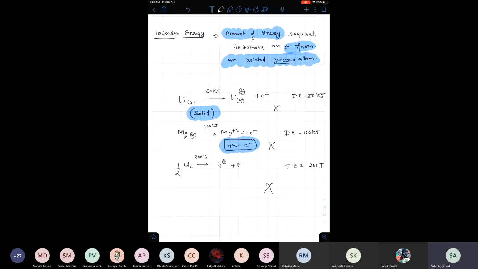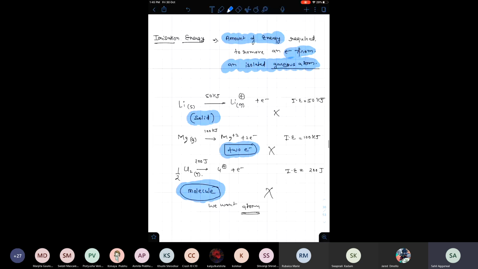We have to remove an electron from a gaseous atom. एटम से निकालना है, मॉलिक्यूल से नहीं निकालना है. We want atom. ठीक है, मतलब ये भी गलत हो गया. अंडरस्टूड.